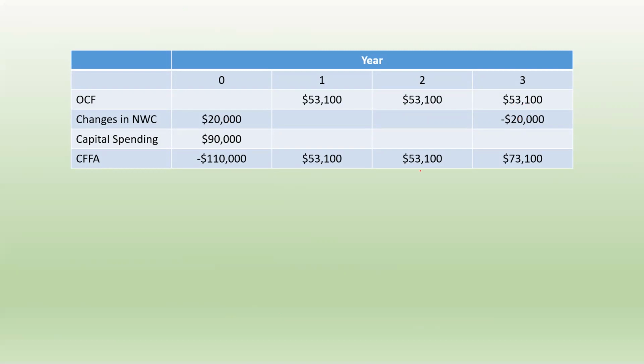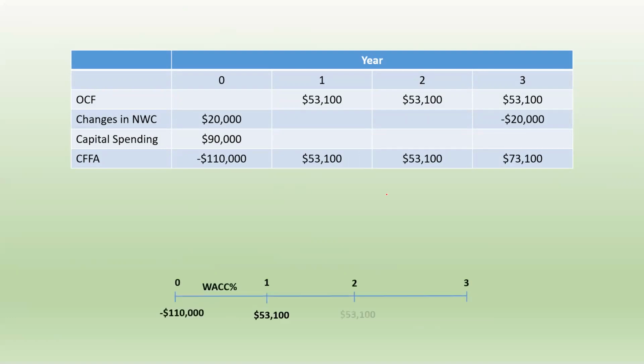So both inventory and accounts payable will drop to 0. So the change in net working capital is negative 20,000. And the net capital spending at t equal to 0 is $90,000. From year 1 to year 3, there's no purchase of fixed assets, no capital spending. So the cash flow from assets looks like this.